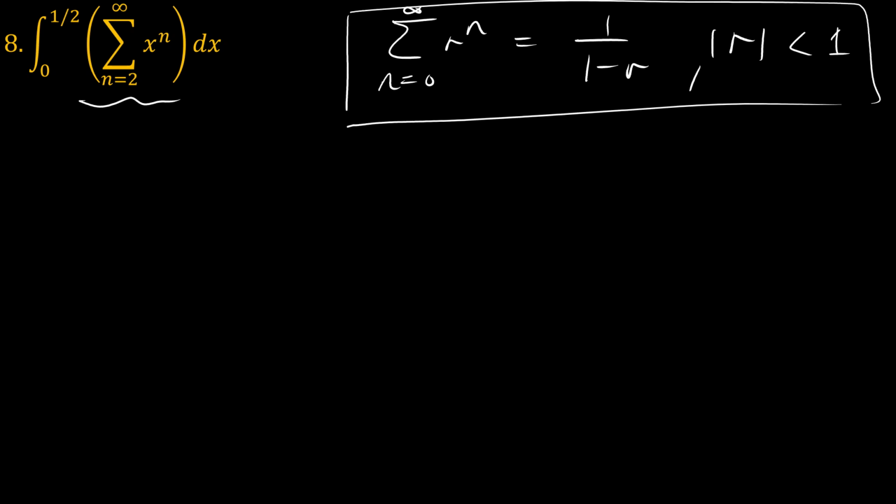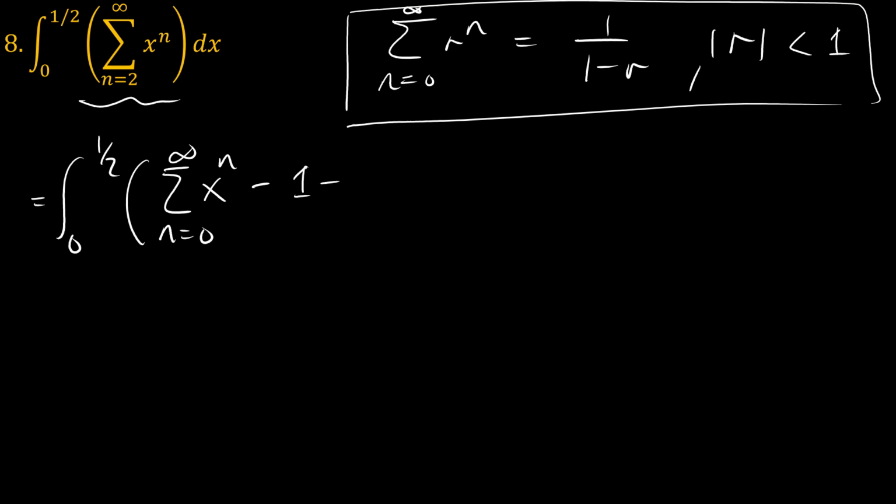So this integral becomes something like that. Since the absolute value of x is less than 1, we get 1 over 1 minus x, minus 1, minus x.